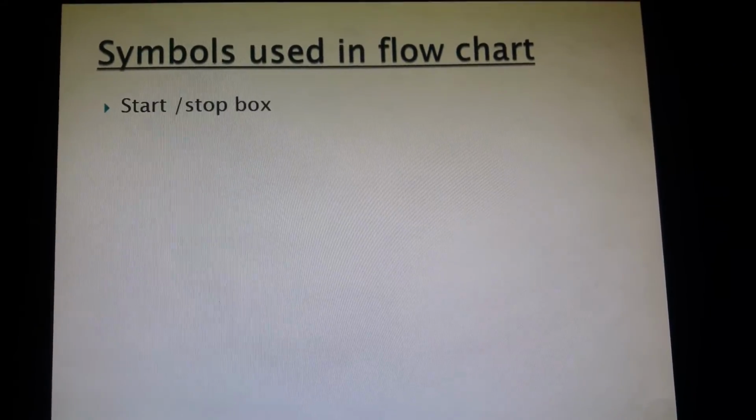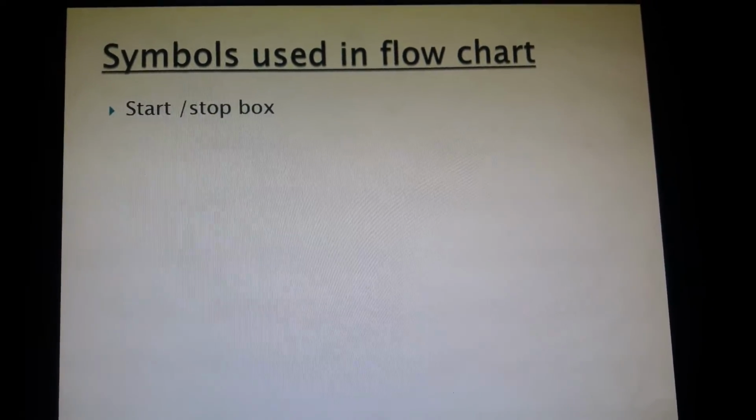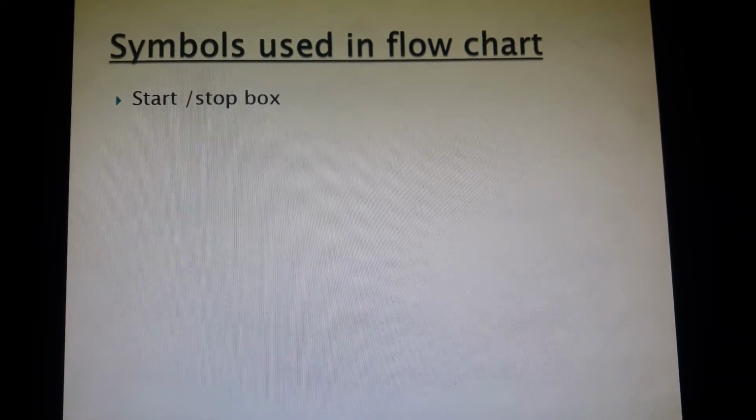Here we'll see what are the symbols used in flowchart. As I told you, flowchart is a diagrammatical representation of problem solving process, that is algorithm. So to create a flowchart we have to use some symbols. As I told you, we always start and stop the algorithm.